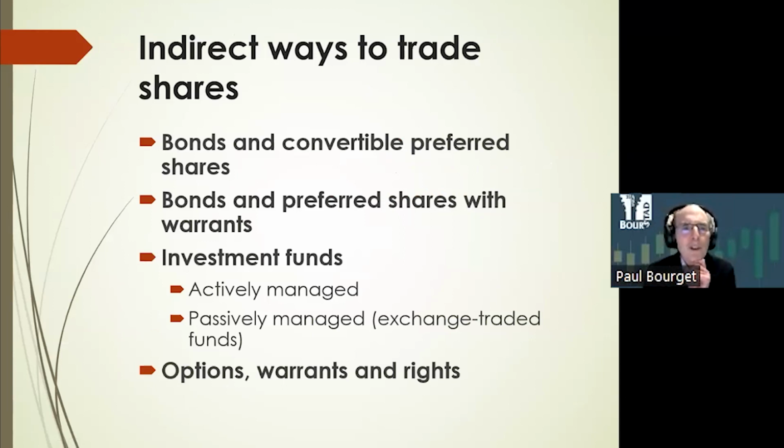Indirect ways to trade shares. So you can go for bonds or convertible preferred shares. If you don't want to own the stocks, you could go indirectly with bonds, convertible bonds or convertible preferred shares. You could also buy into an issue of bonds or preferred shares that comes with warrants.